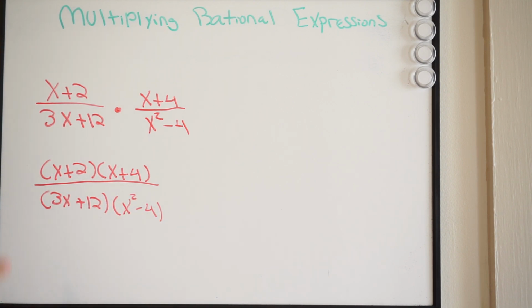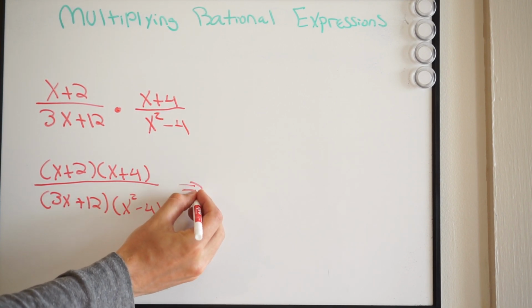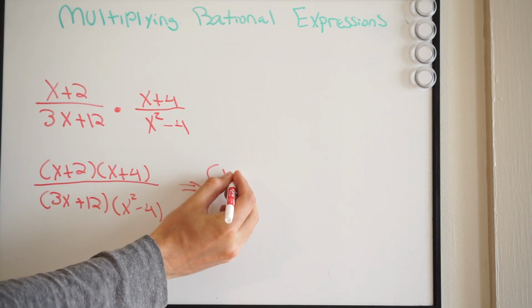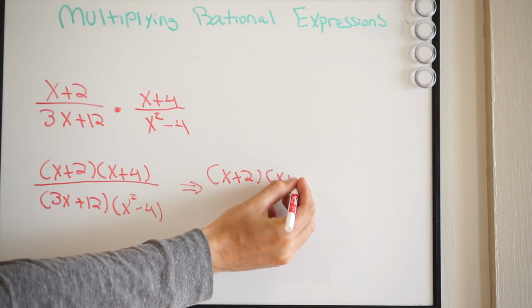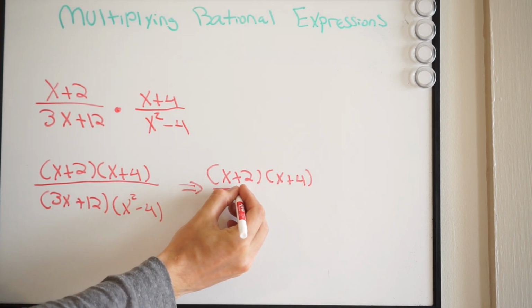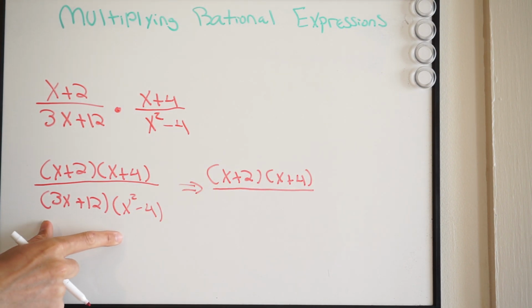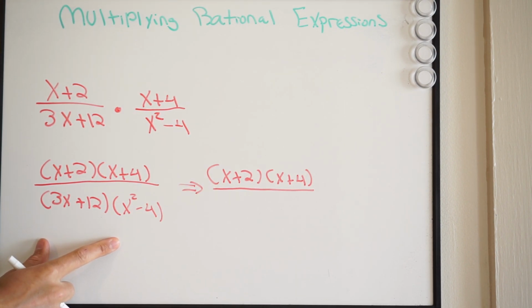If I look at my numerator, there's not too much I can factor there. It's already factored. But on the denominator there's some more I can do. So I'll rewrite the top as x plus 2 and then x plus 4 all over. Now let's see what we can factor on the bottom.